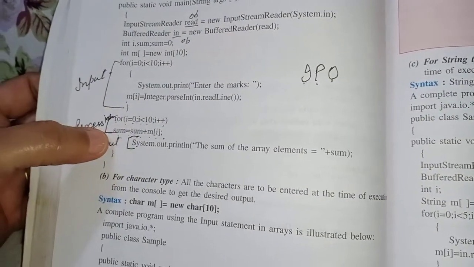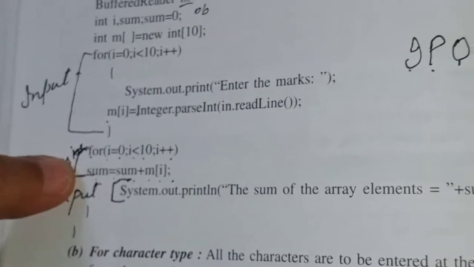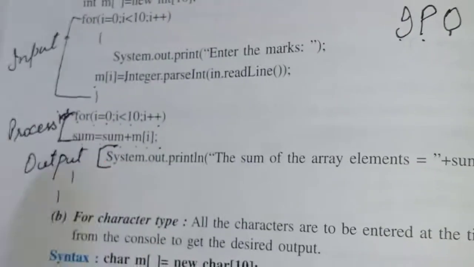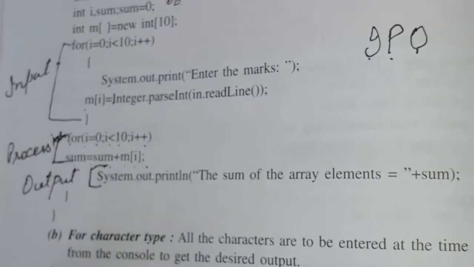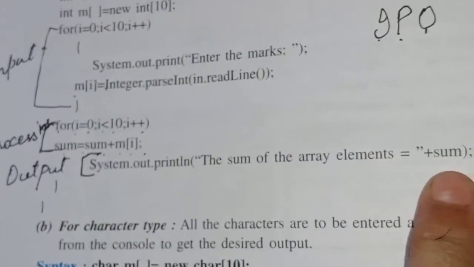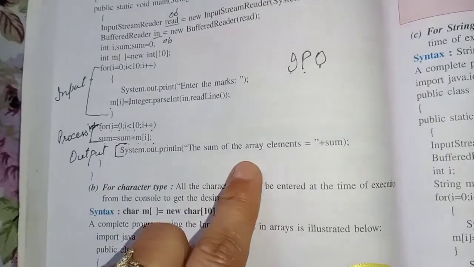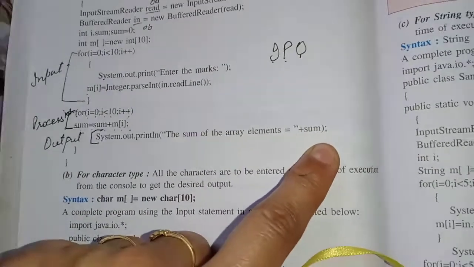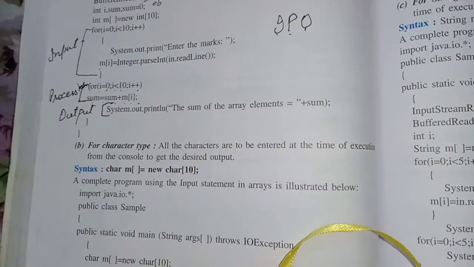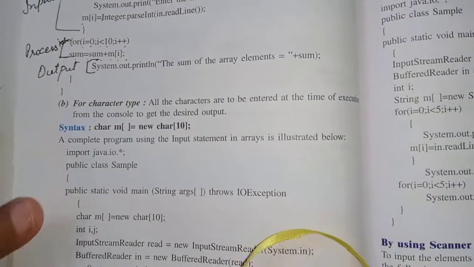Then for processing we start one more for loop, and in the end whatever you have calculated, you will display here: System.out.println the sum of array elements plus sum. Got it?